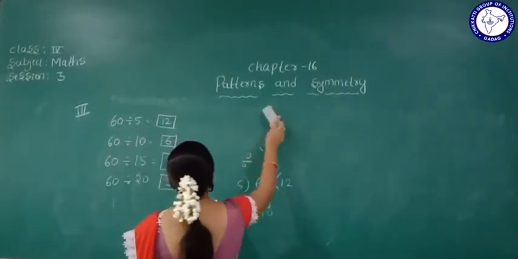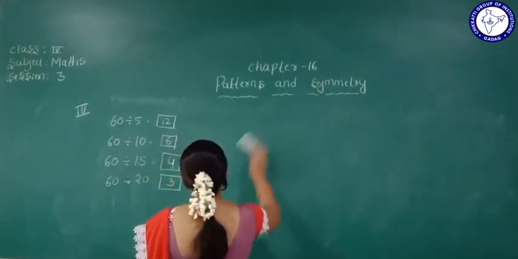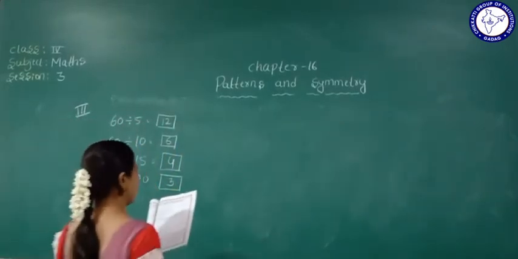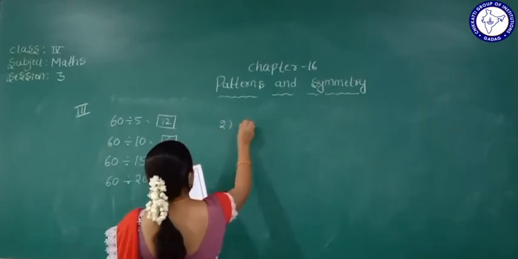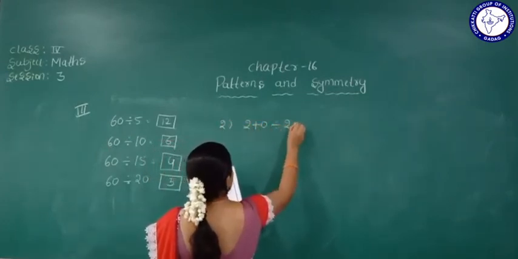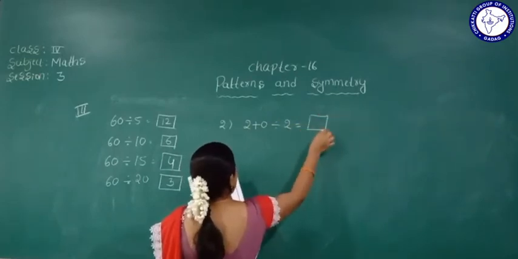Okay, so next one, they have given the second one: fill up the blanks and observe the pattern. Second, 2 plus 0 divided by 2 is equal to how much?